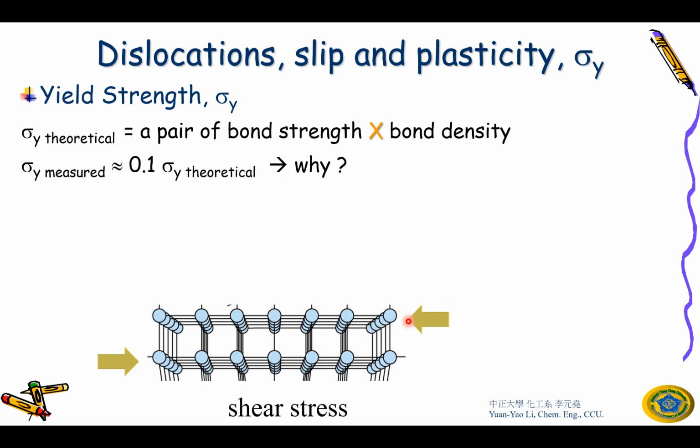However, when you measure it and move this one step, the yield stress is only about 10% of the theoretical yield stress. Scientists and engineers started to think why. Because it requires a pair of bonds with bond energy 1 through 7, but when you move these two plates in this direction, you only need about 10% of the theoretical calculation strength. Why?